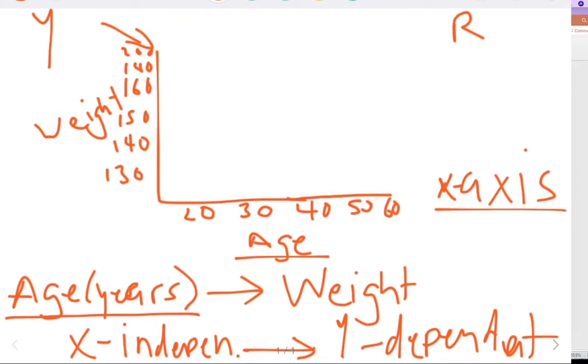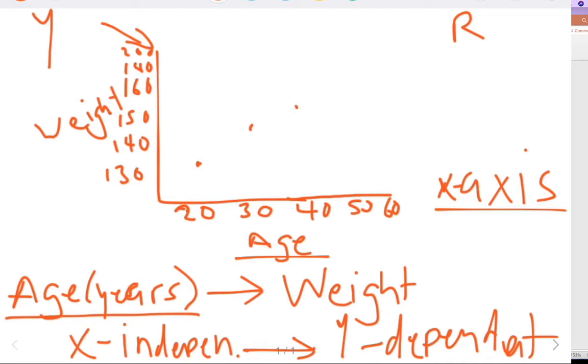Let's say we have a person in our data that's 20 years old, and they weigh about 130 pounds or something like that. Then we have another person that's 30 years old and they weigh maybe about 145. And then we have a person that's 40 years old and weighs about 150, for example.